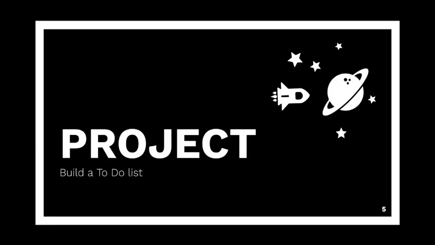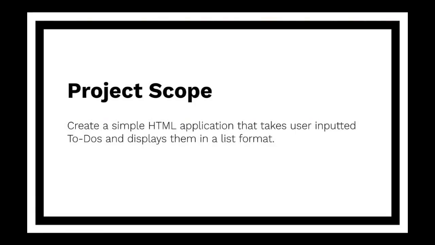So let's look at what kind of project we're going to build. We're going to create a simple to-do application for this project. Let's first look at the scope of the project. We're going to create a simple HTML application that takes the user inputted to-dos and displays them in a list format.